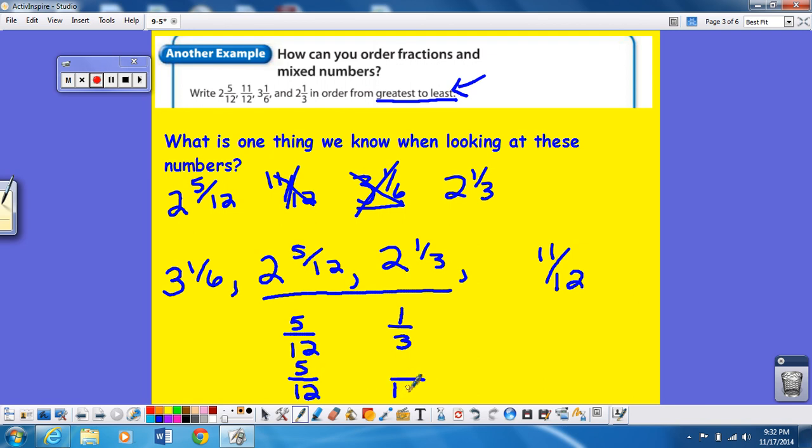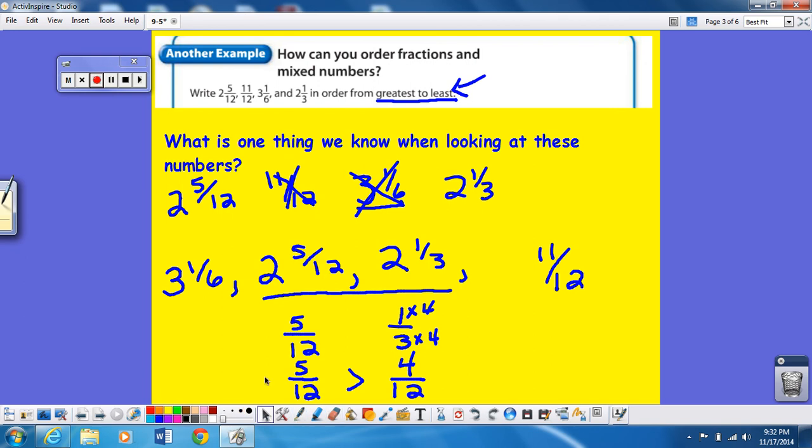So I've got to change this one to 12s. 3 times 4 is how I got a 12 here, which means I have to multiply my 1 times 4 to get my numerator. So 1/3 is equivalent to 4/12. I still see that 5/12 is greater than 4/12 and was able to double check and make sure that I have these in order from greatest to least.